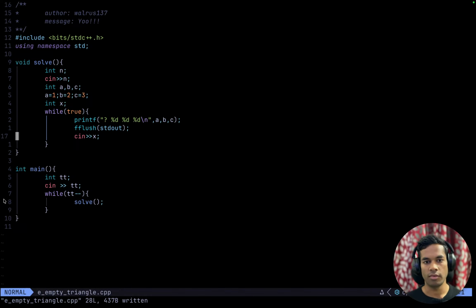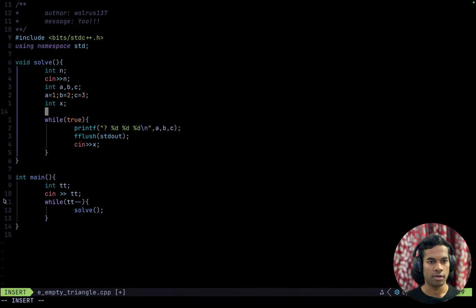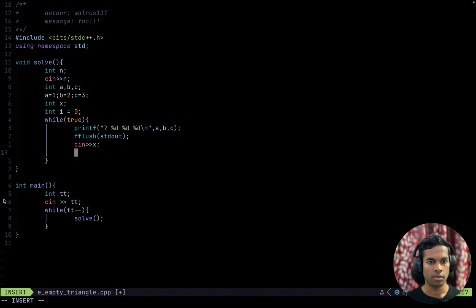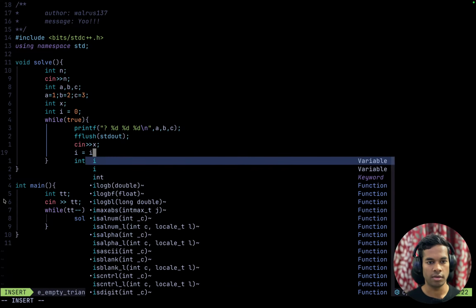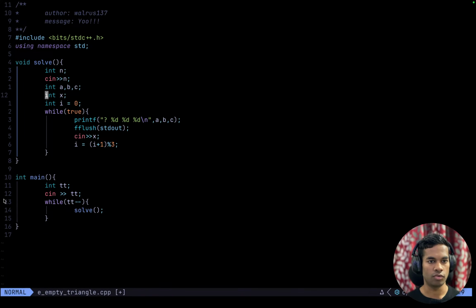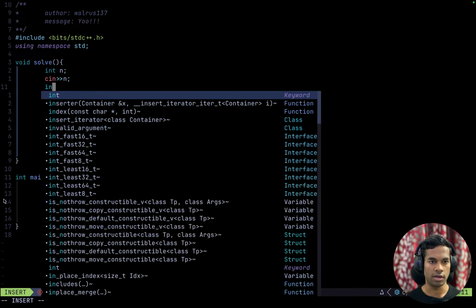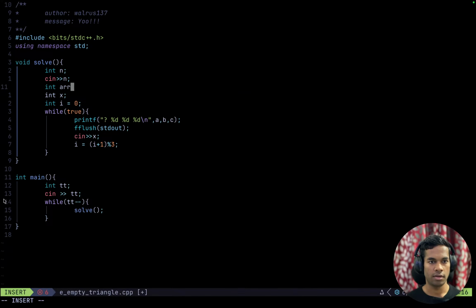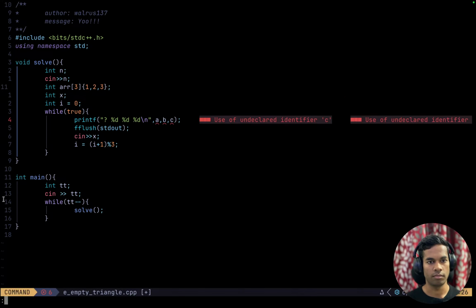Now we have to make a choice. Let's say int i equals 0, i equals i plus 1, remainder 3, and instead of a b c we should instead be saying int array 3 equals 1, 2, 3.